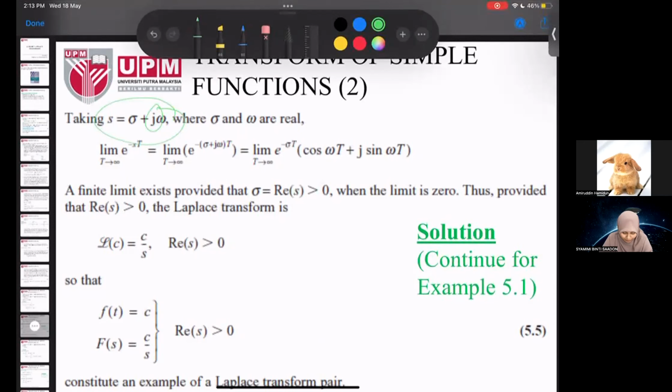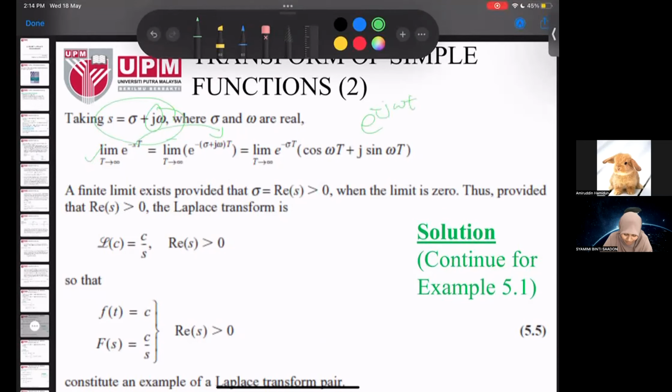If we know the values of gamma and omega, we can define the limit of exponential minus st, developing it in terms of this complex number: exponential minus gamma t times exponential minus j omega t.